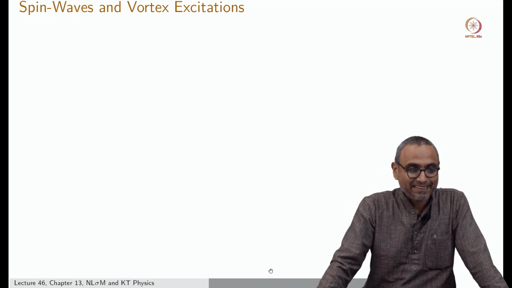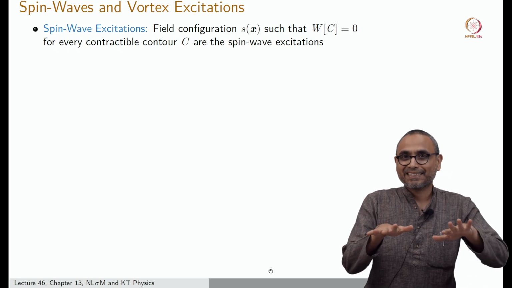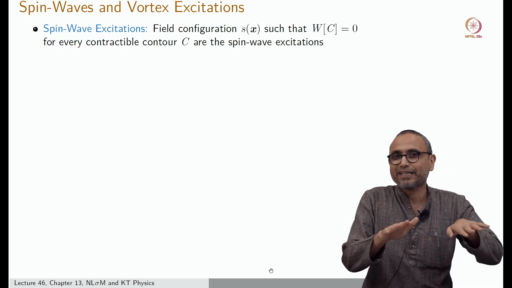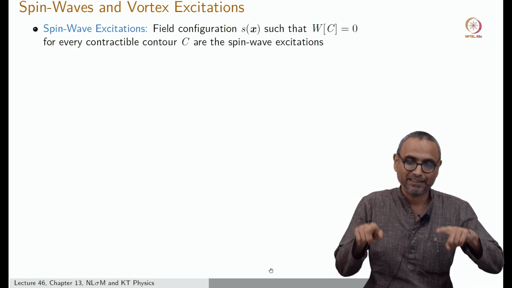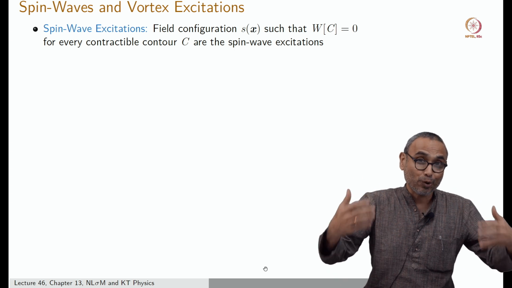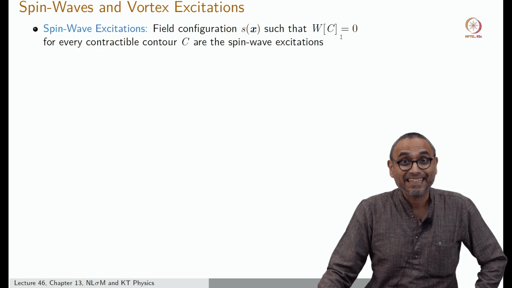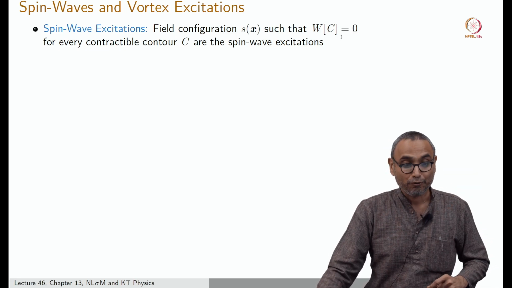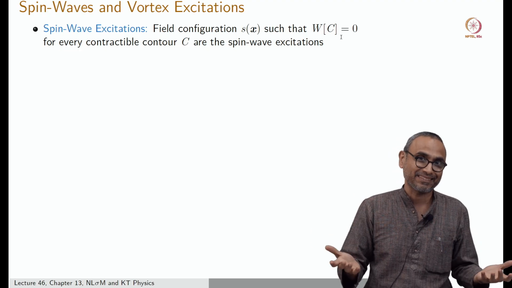So let's understand this. I talked about spin wave excitations, which are very small deviations about the uniform state that we had. The phi of x was small. If you look at those kinds of excitations, you will see that W of C is equal to 0 for any contractible contour C on the torus.